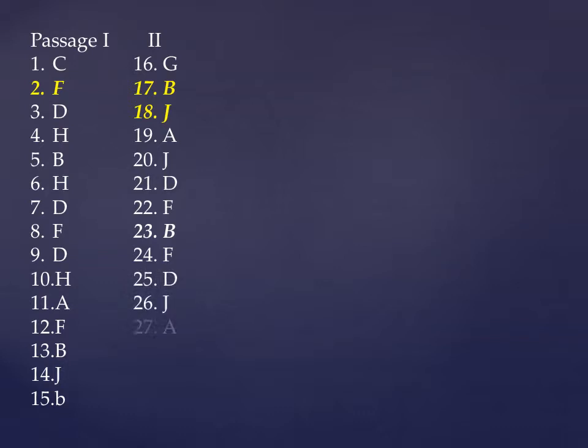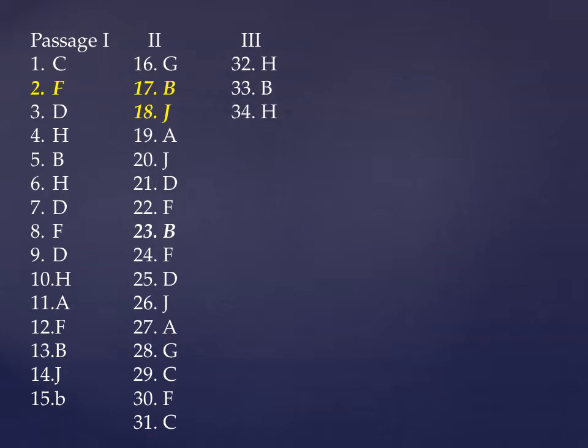Here they are, 25, 26, 27, 28, 29, 30, 31. Okay, passage 3. 32 is H, 33 B, 34 H.